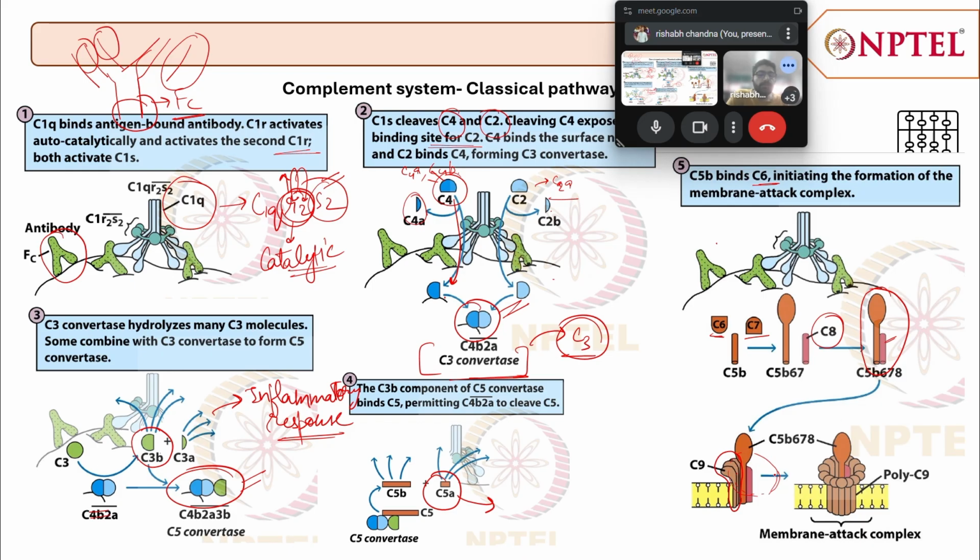So after this pore is formed, this forms the membrane attack complex. So this is basically C5b, C6, 7, 8, and poly C9. This is the membrane attack complex that is formed by the activation of the C5b. So this was the whole classical pathway that was explained just now.